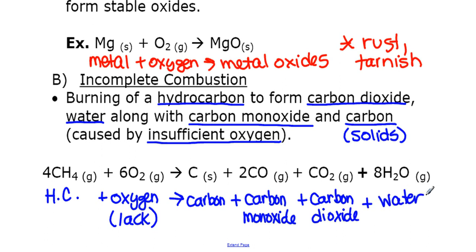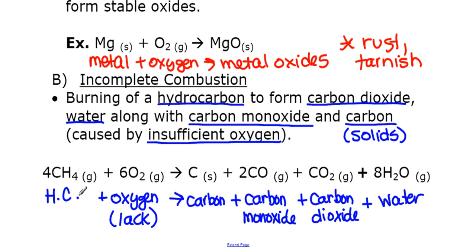It can be water vapor, as a gas, or liquid water, depending on the conditions that are there. But in general down here, this is the general pattern. Any hydrocarbon with oxygen, but a lack of it for it to go to completion, you get carbon solids, carbon monoxide, carbon dioxide, and water.